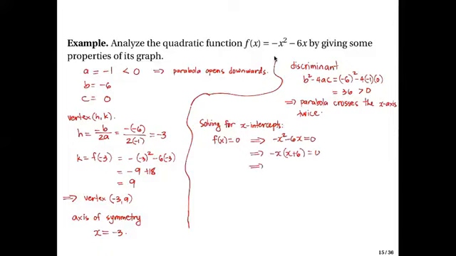And this means you have x equals 0 or x plus 6 equals 0. So you have here x equals 0 or x equals negative 6. So far, so good.